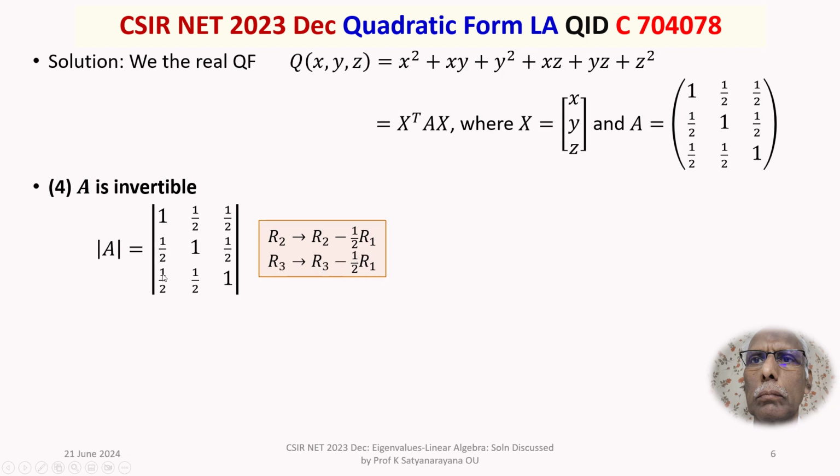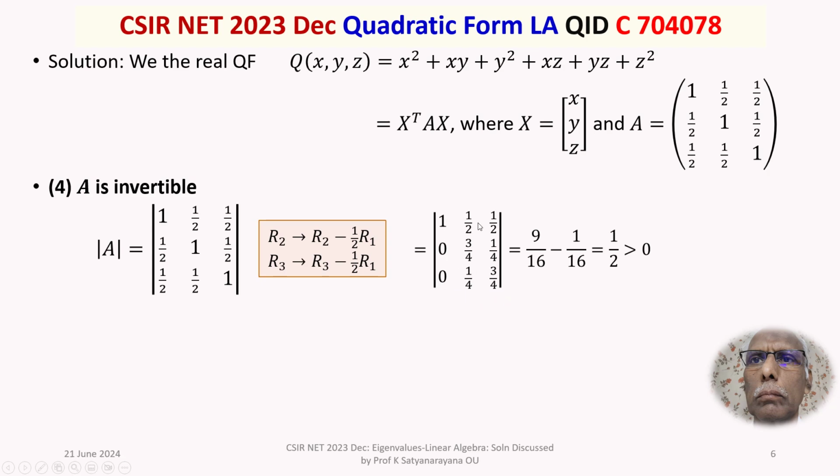Then this will become 0, this will become 0, and these entries will change correspondingly. So this will be 1, half, half, 0, and half times half is 1 by 4. 1 minus 1 by 4 is 3 by 4. Half times half is 1 by 4. 1 by 2 minus 1 by 4 is 1 by 4. In a similar fashion, this is 0, 1 by 4, 3 by 4.